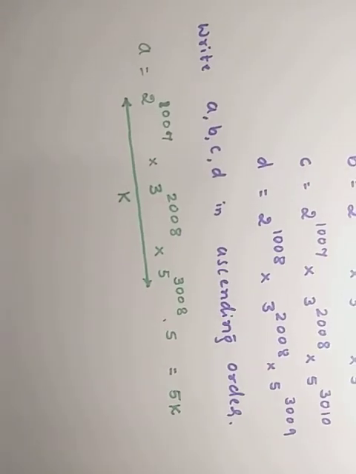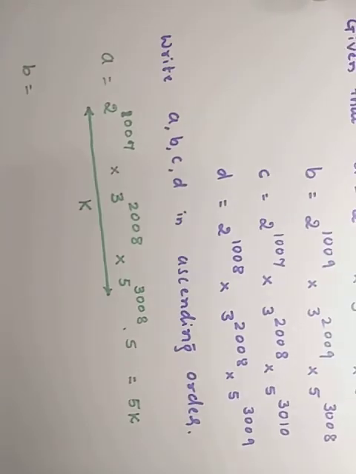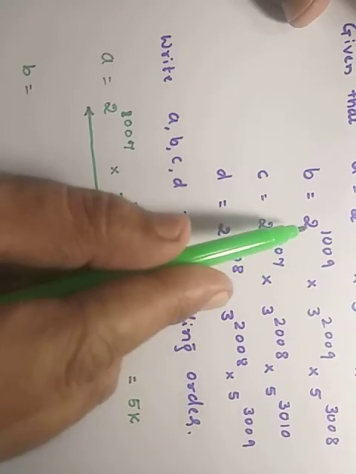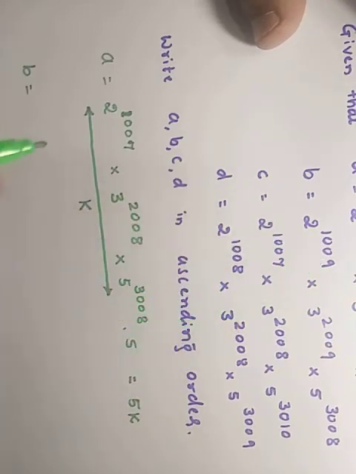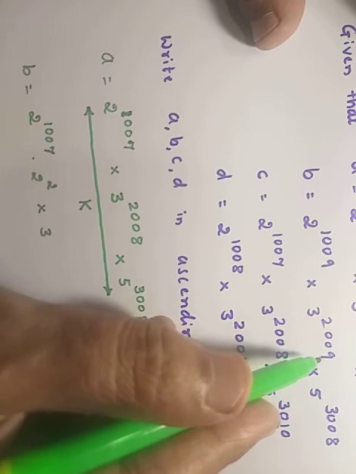Similarly, B we will write. Watch what is B. B is 2 to the power 1009. Now 2 to the power 1007 is the least, into another 2 remaining here to make it 1009. Therefore, we will make it 2 to the power 2 into 3 to the power 2008 is least, but here it is 2009.